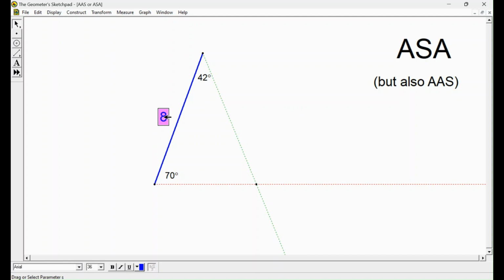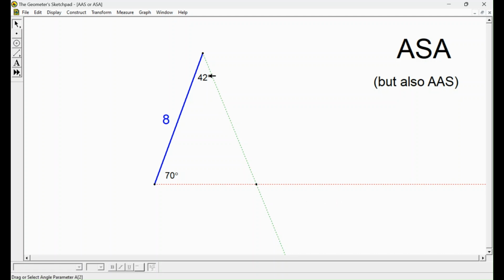Well, because the minute you lock in this side, you've essentially made these 2 points here immovable. And if you prescribe or lock in these 2 angles, which I have here, then the third point on your triangle has to be on this green ray to maintain the 42 degree angle, but it also has to be on the red ray to maintain the 70 degree angle.